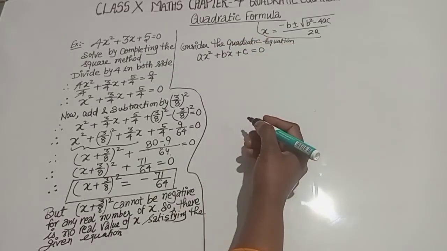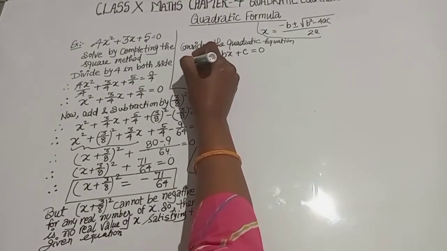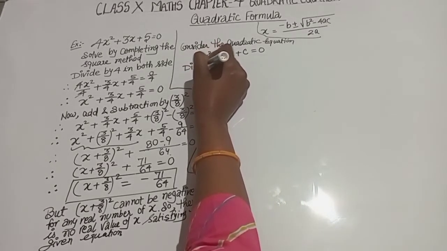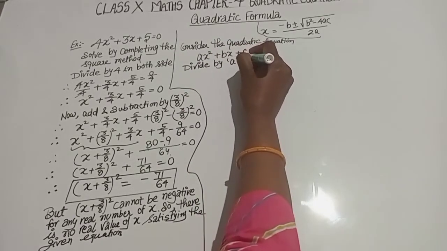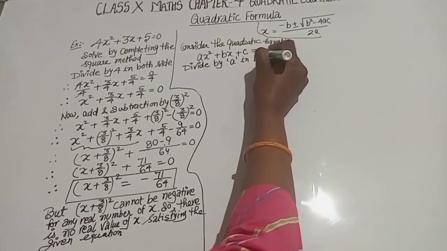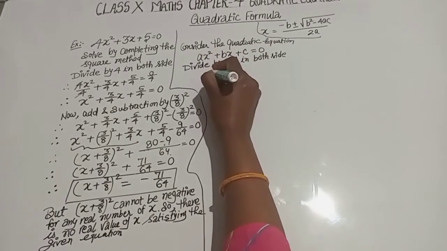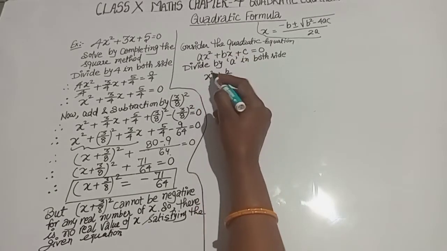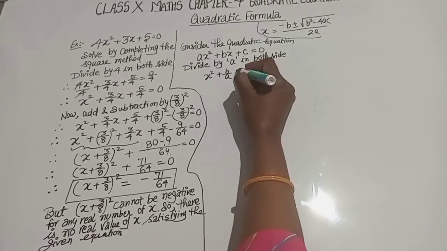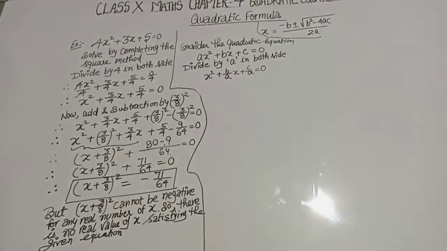Divide by a on both sides. So this becomes x square plus b by a x, because a cancels out, plus c by a is equal to 0.